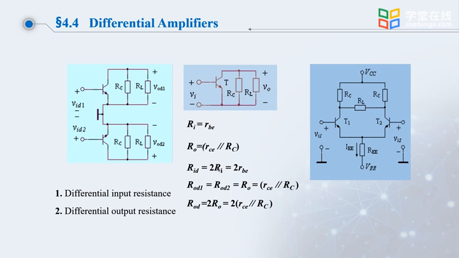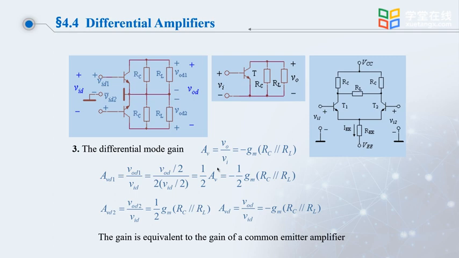For single-ended output, the output resistance ROD1 at each end is equal to the output resistance of the single-stage amplifier, which is RCE parallel RC. The output resistance ROD for double-ended output is equal to 2 times RO, that is, 2 times RC parallel RCE.